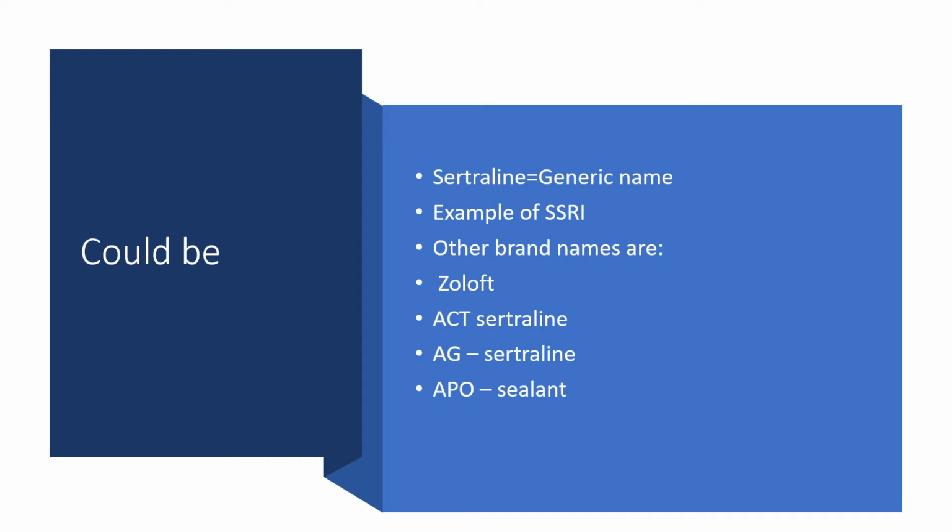Sertraline could be sertraline generic, and that would be an example of selective serotonin reuptake inhibitors. Other names could be the brand name like Zoloft and ACT sertraline, AG sertraline, or Apo-sertraline.